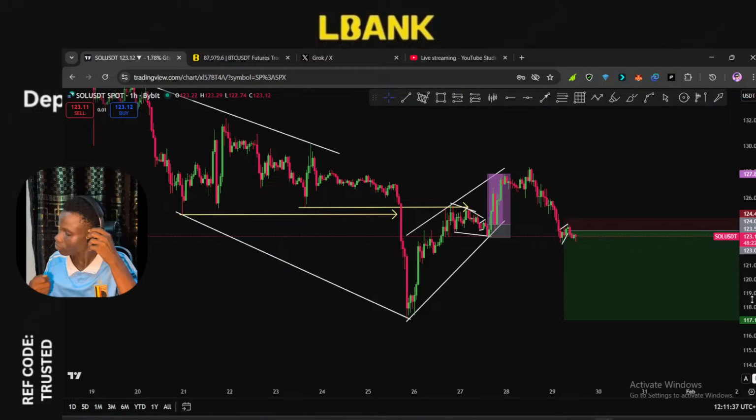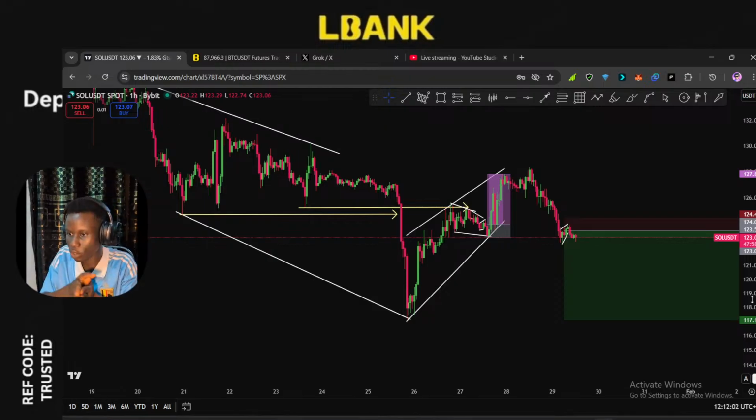So one thing you should understand is most of these continuation entries that we've talked about are always the point of interest where most investors come into the market to move the market. Somebody will always start the trend.